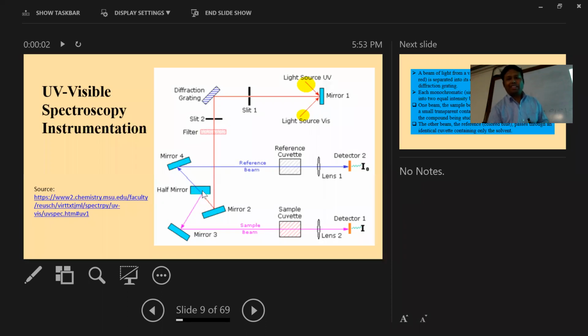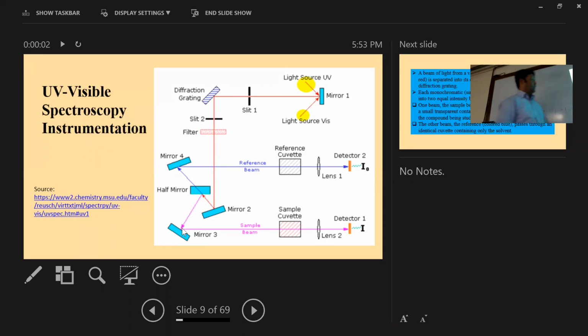That means 50% of the light will transmit through this, and 50% will reflect this way. That is the function of the half mirror. If you have light with intensity 100, you will get 50% towards this and 50% towards this. Okay. Up to this, do you have any question?